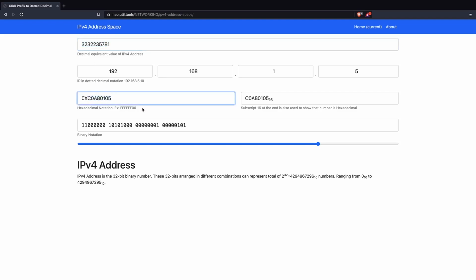In some devices we can actually enter our IP address in the hexadecimal number system this way. In hexadecimal we can represent it in two ways. We can prefix 0x to represent it. You can have a hexadecimal number without A, B, C, D.